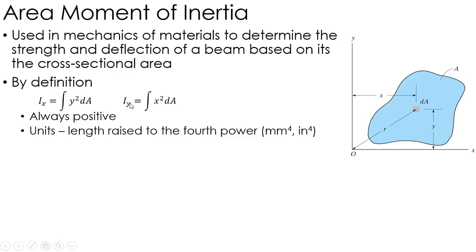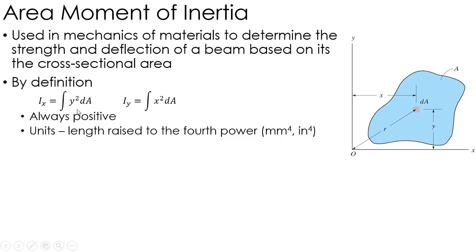I also have I_y equal to the integral of x squared dA. Essentially, the further away the area is distributed from the axis, the larger the area moment of inertia is. Again, we'll get into more detail in mechanics of materials, where you can see where the derivation comes from. At this point, we just are going to accept this definition.